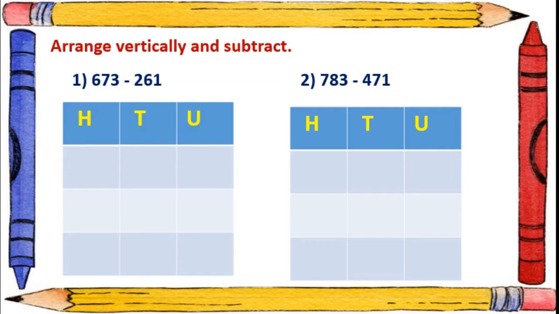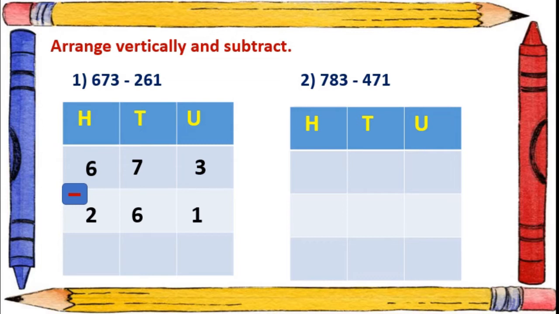Now we will start with 3, isn't it? In the unit place 3, tens place 7 and in hundreds place we will write 6. Minus 261 means 1 we will write in the unit place, 6 we will write in the tens place and 2 we will write in the hundreds place. Okay, we will put minus sign here. Okay, we will do subtraction.